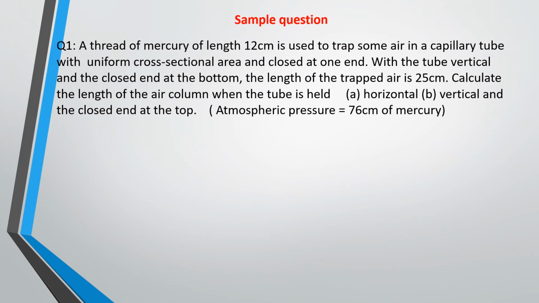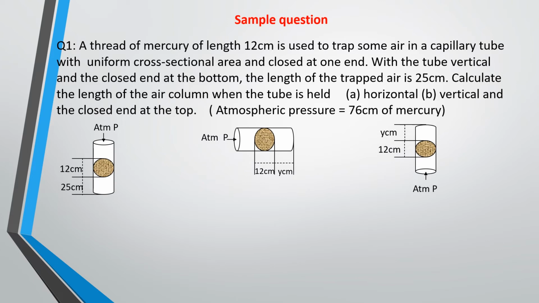Okay, so this is a question, and I represented the question already on this diagram. So let's look at this question together and see how we can solve it. A thread of mercury of length 12 centimeters is used to trap some air in a capillary tube with uniform cross-sectional area and closed at one end. With the tube vertical and the closed end at the bottom, the length of the trapped air is 25 centimeters.